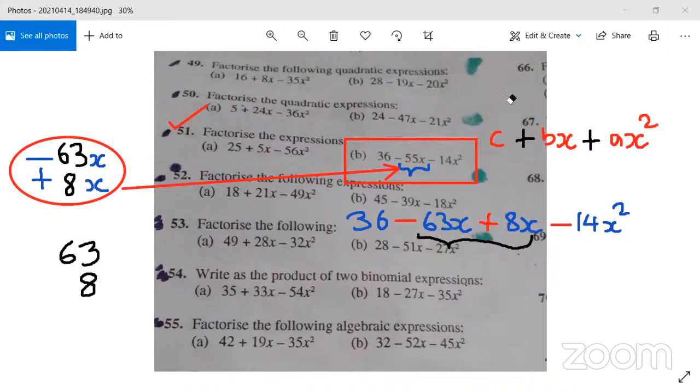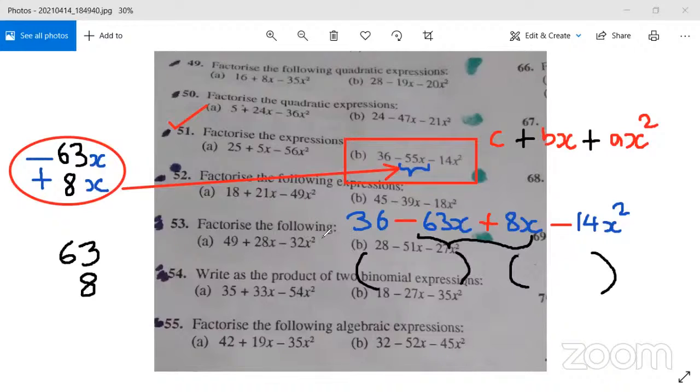Okay. So now we're going to be factorizing. Let me just put down the brackets. So we'll put down a bracket here and a bracket here, bracket here, and a bracket here.